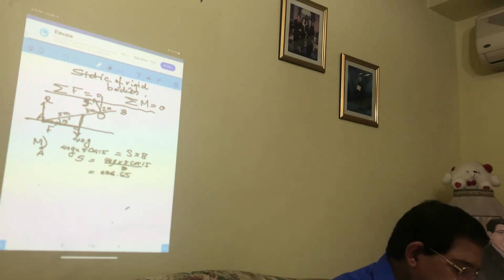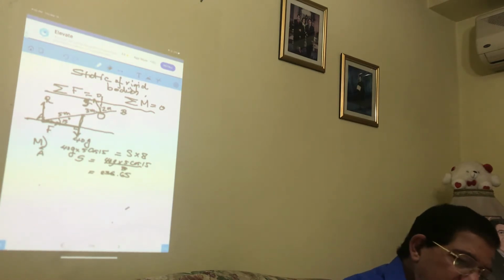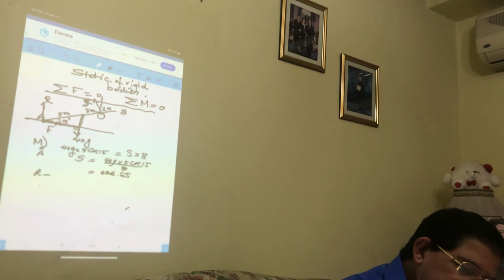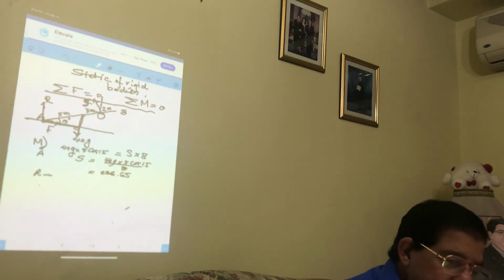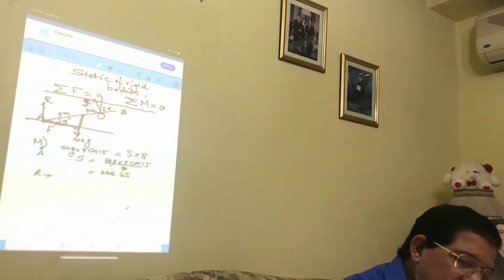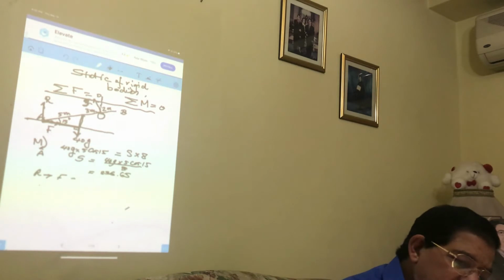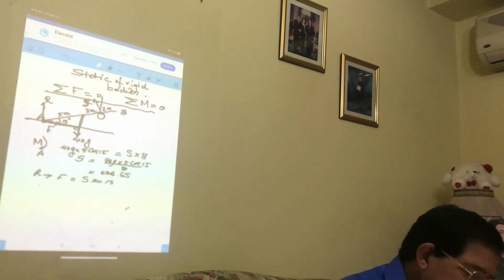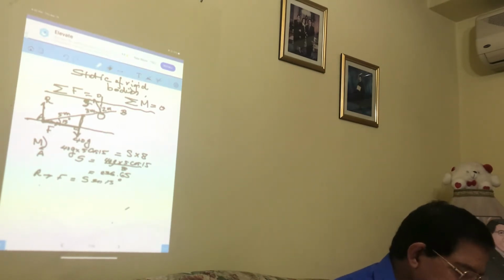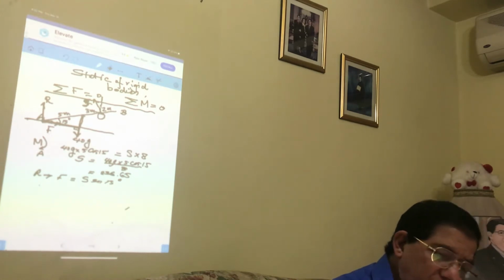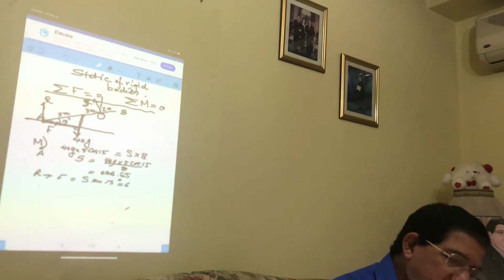Therefore, resolving horizontally, we have F equal S sine 15 degrees. And this comes out to be 61.25.